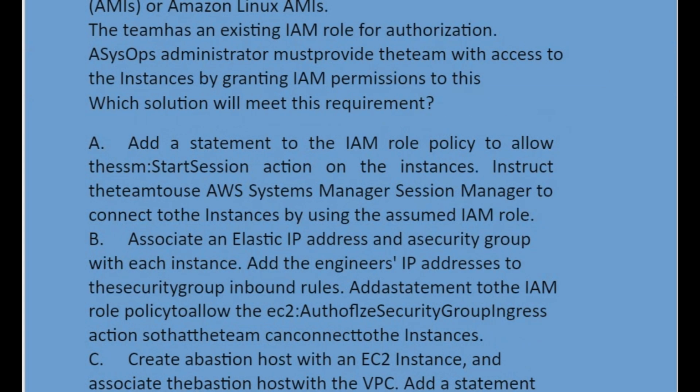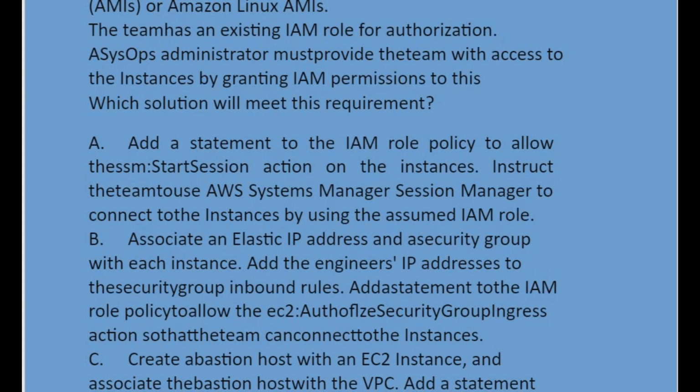Option A. Add a statement to the IAM role policy to allow the ssm:StartSession action on the instances. Instruct the team to use AWS Systems Manager Session Manager to connect to the instances by using the assumed IAM role. Option B. Associate an Elastic IP address and a security group with each instance.